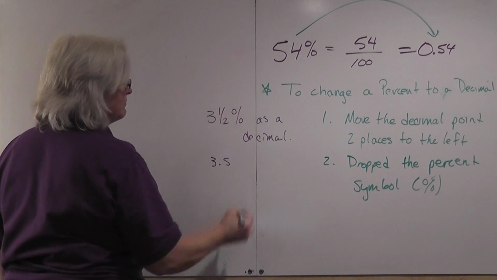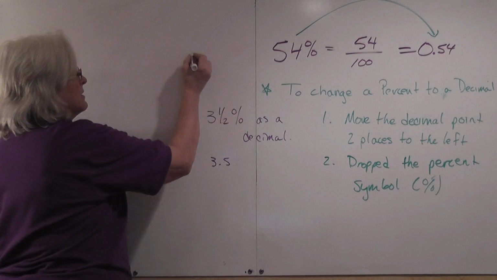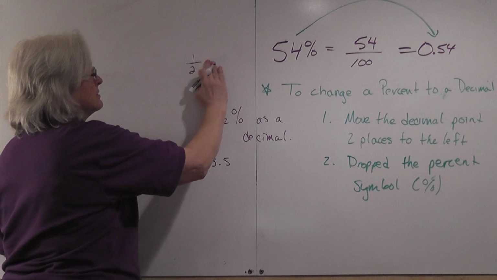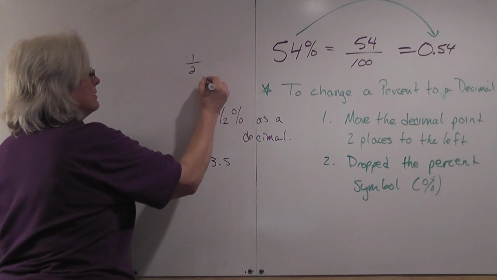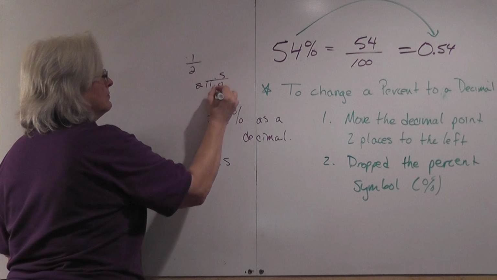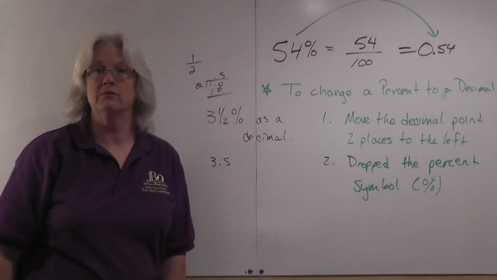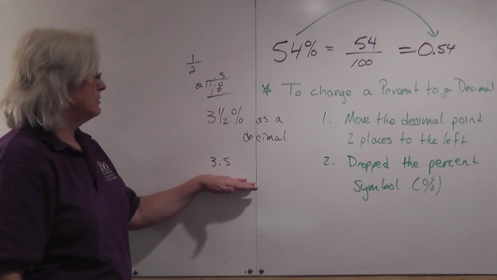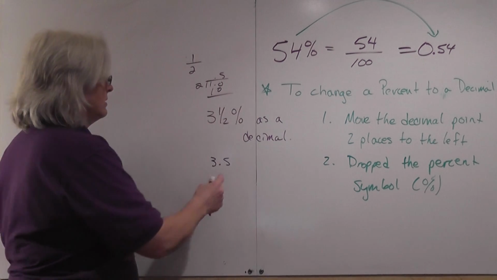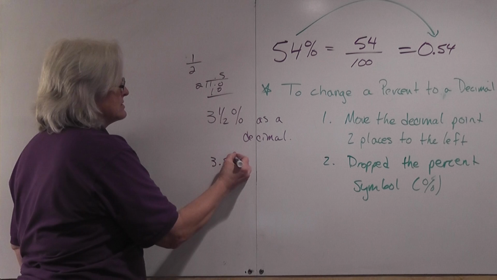It's the same as 0.5, isn't it? 1/2 is 1 divided by 2, which is 0.5. So now we have rewritten our percentage where we're not using a mixed number, where we're using a decimal number.